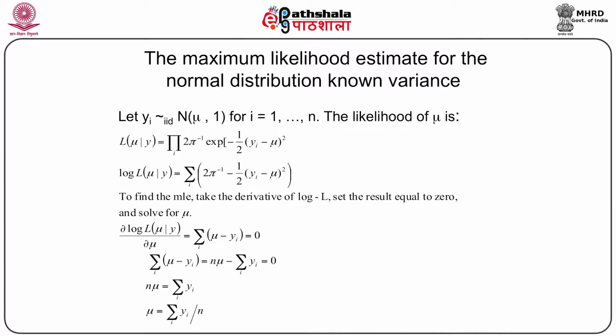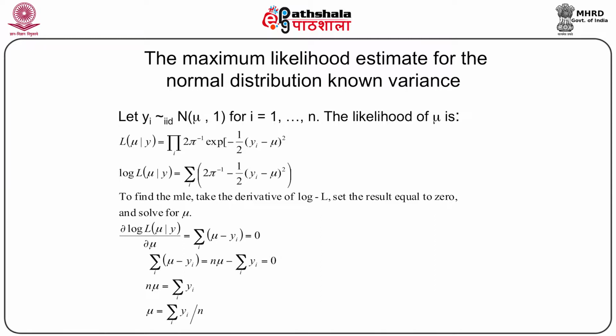The likelihood function for mu, L(mu given y), is equal to the product of the normal densities, which is 2 pi to the power minus 1/2 times exponential of minus 1/2 (yi minus mu) square. Now if you take the logarithm, log L(mu given y) will have the expression as shown, a sum of the log of 2 pi to the power minus 1/2 minus 1/2 (yi minus mu) square.